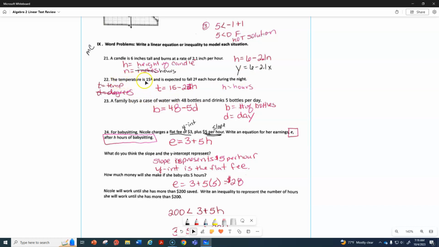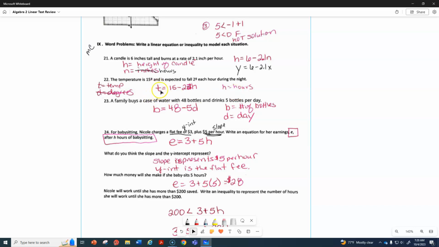The next one says it starts off being 15 degrees and it's getting colder. So the temperature is falling. That means that the slope is negative. And I let T stand for temperature and I let H stand for hours.